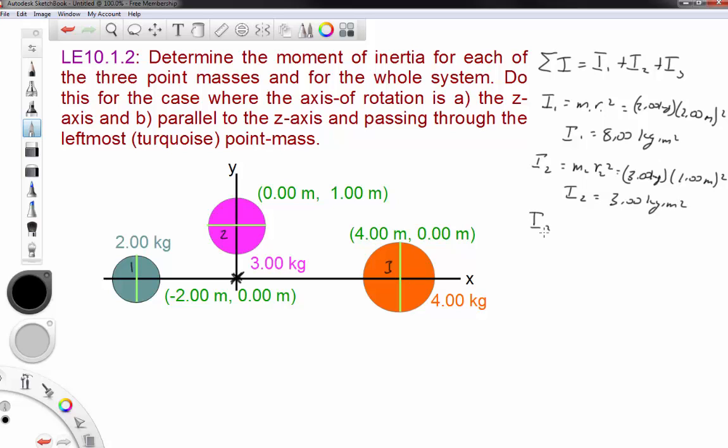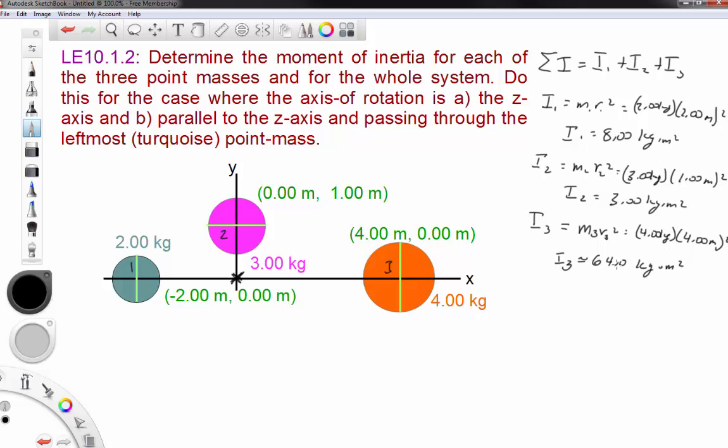Finally, we have the moment of inertia for object number 3, which is located right here, 4 meters, 0 meters. So that's 4 meters away, so m3r3 squared becomes 4.00 kilograms times 4.00 meters quantity squared. So 16 times 4 is 64. That means that I3 is 64.0 kilogram meters squared.